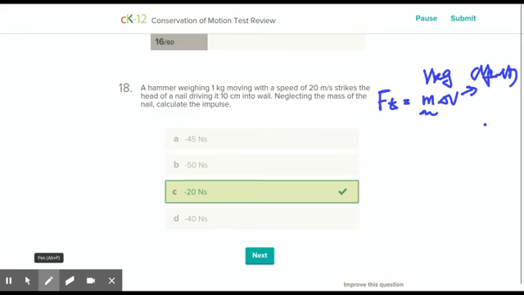When the hammer pushed the nail into the wall, it stopped, right? So overall it will come to a stopping point at rest. So 0 minus the initial speed, 20, times 1 kilogram, and you will get negative 20 N·s.